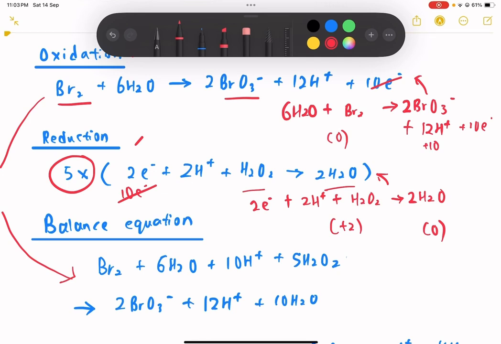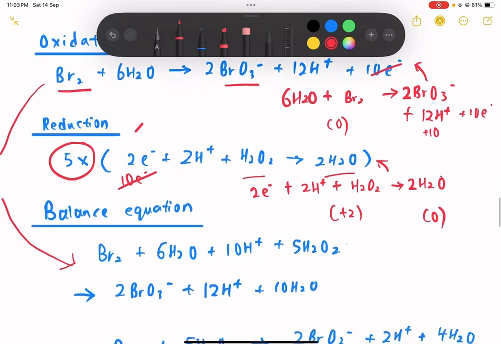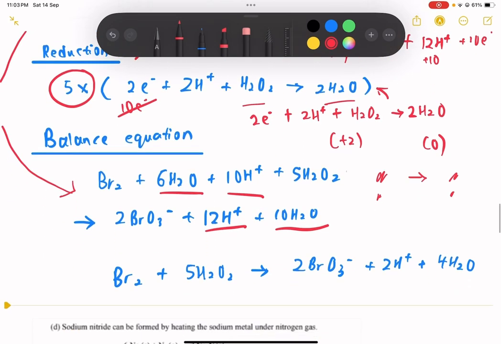But we haven't finished yet, we have to make sure the equation is in simplified form, because here got 6H2O, here got 10H2O, here got 12H+, here got 10H+. We have to make sure that only either one side, either here or here, has H+, and either one side only has H2O. We cannot have both sides. So we just put them together.